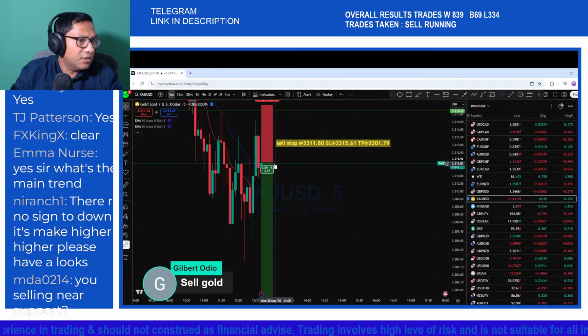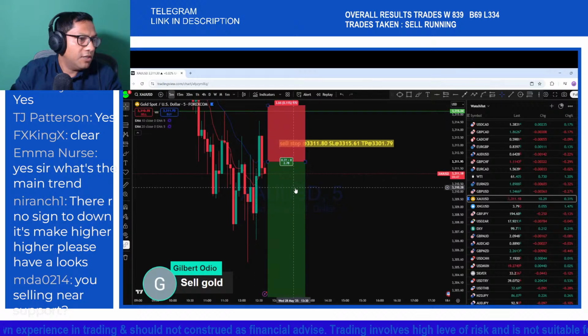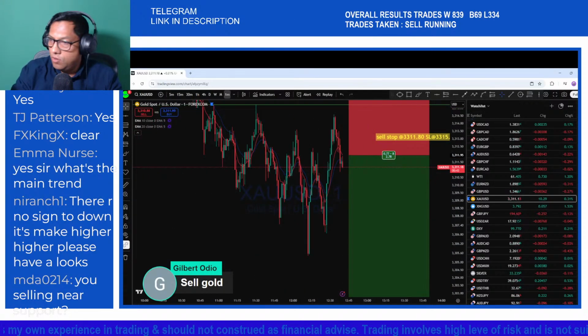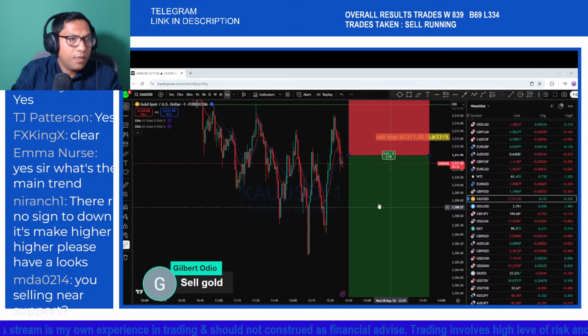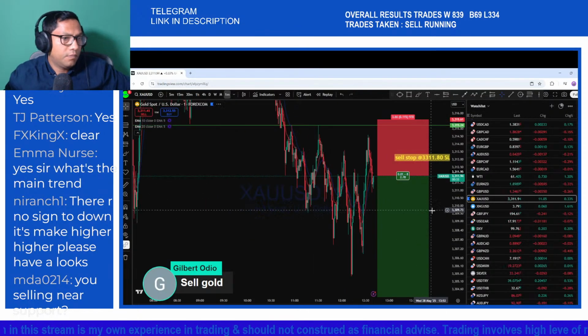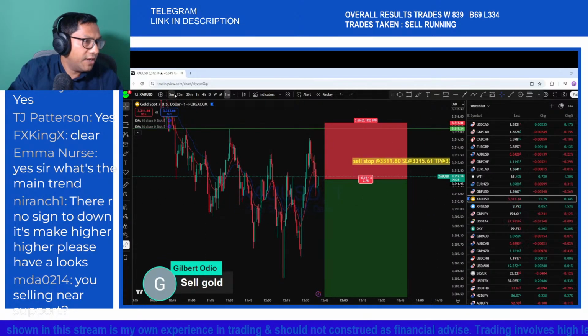There's a 5-minute candle closed. All right, so what I think this could be a false breakout and could drop back down here for this possible downside. Unless it wants to trend back again.